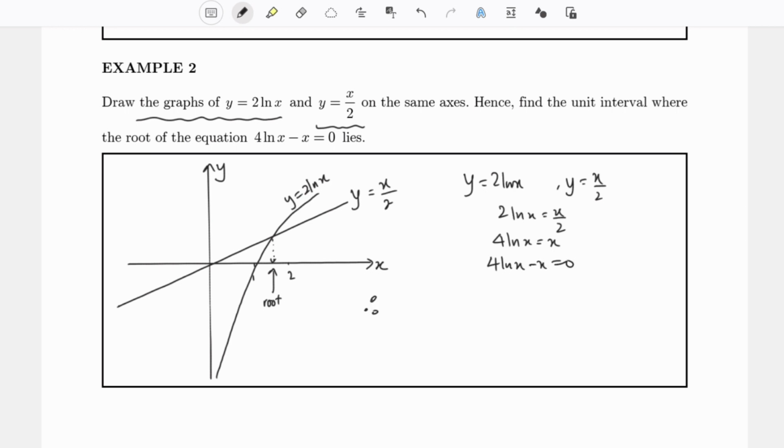Hence, the root of the equation 4 ln x minus x equal to 0 lies in the interval (1, 2).